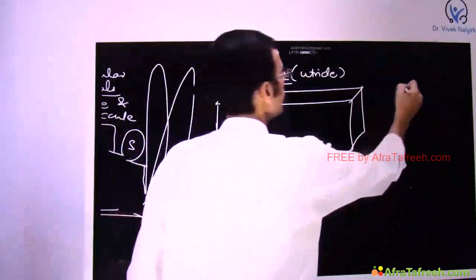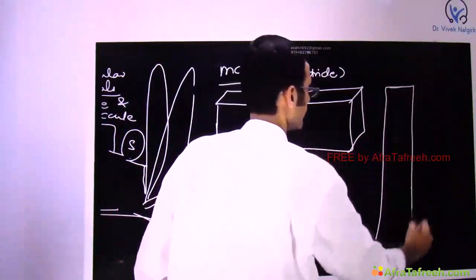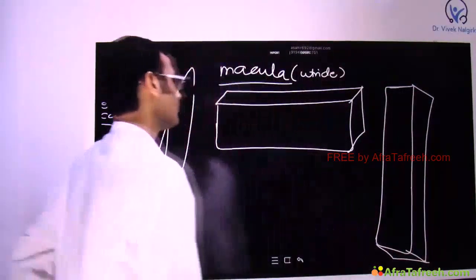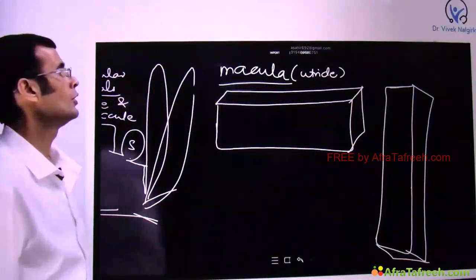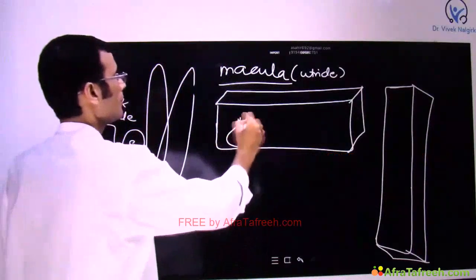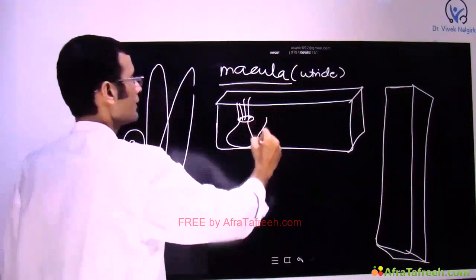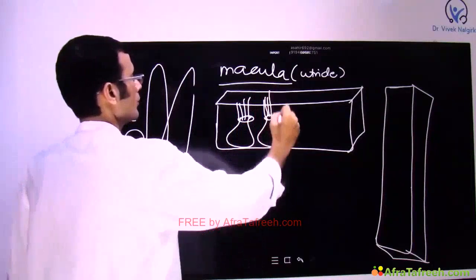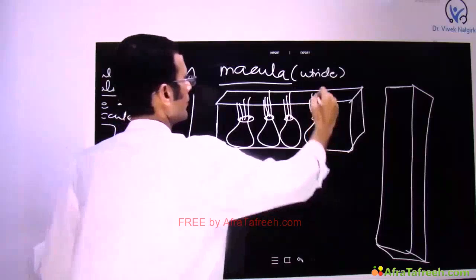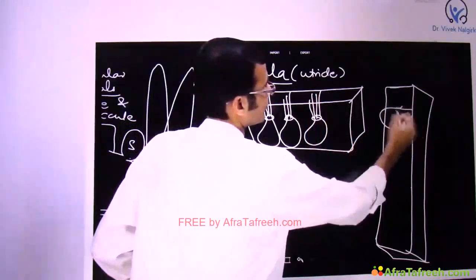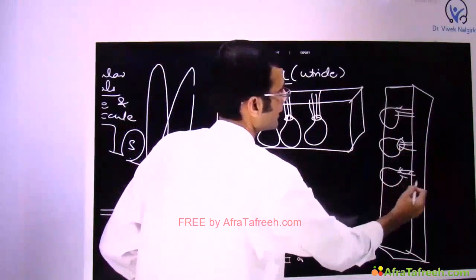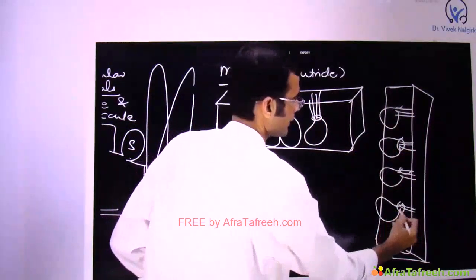Macula inside the saccule is vertical. Inside the maculae, there are receptors for equilibrium called hair cells. So that's the orientation of these maculae and therefore orientation of the hair cells.